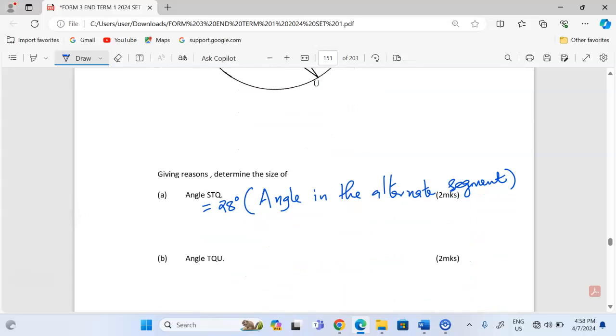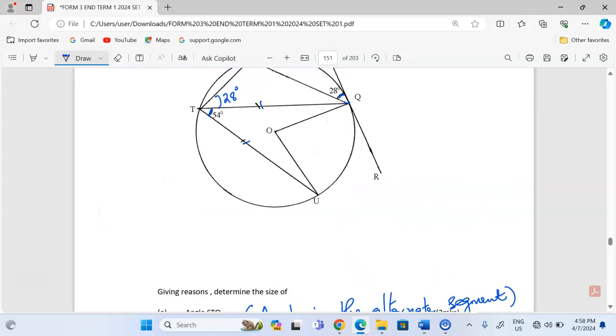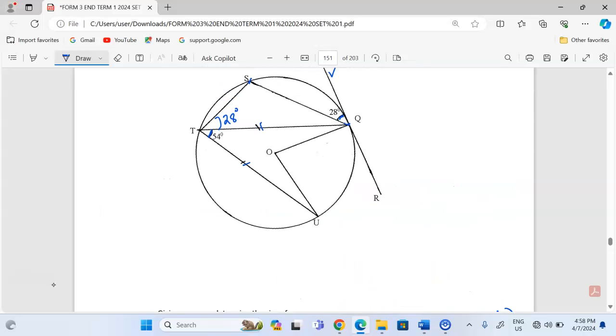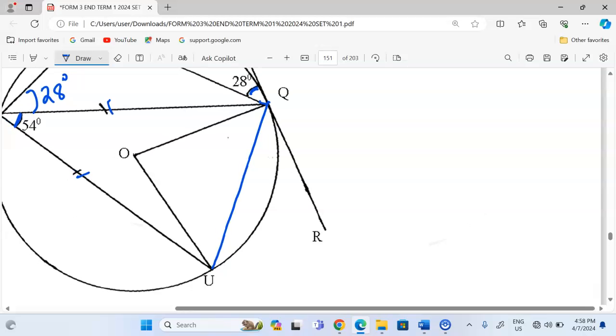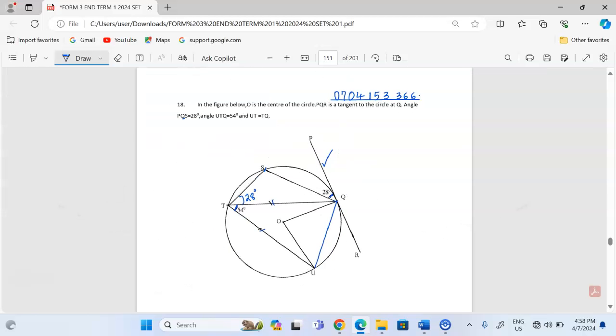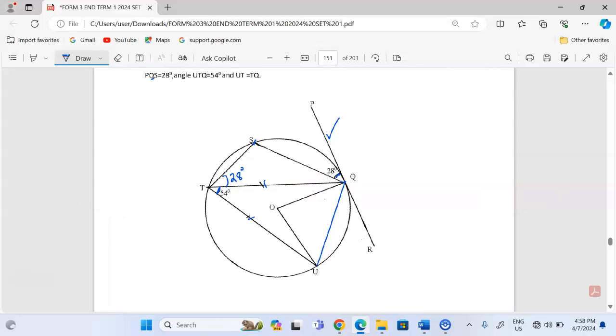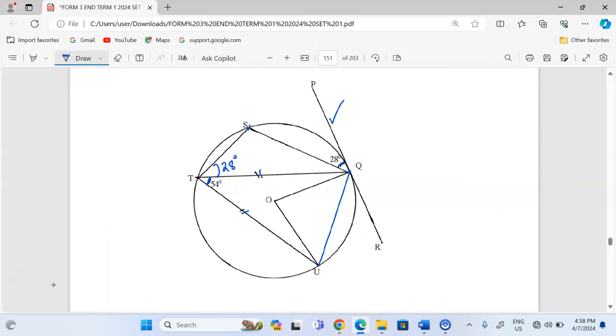We proceed to the next. TQU. That will be the angle at this point. Let me draw the line to make the angle complete. TQU is going to be the whole of this angle. Because this is 54, the base angles here, which are two, are going to be equal.